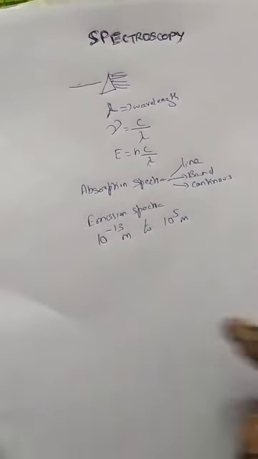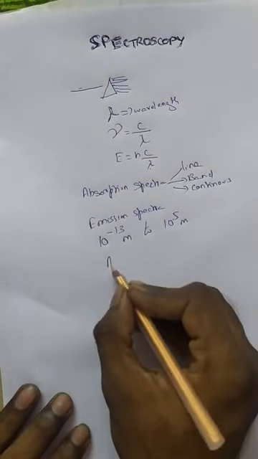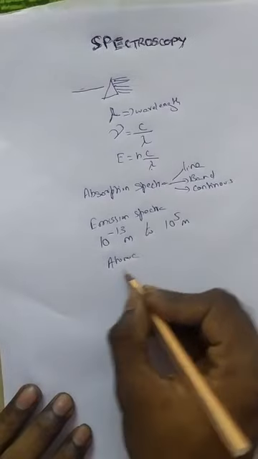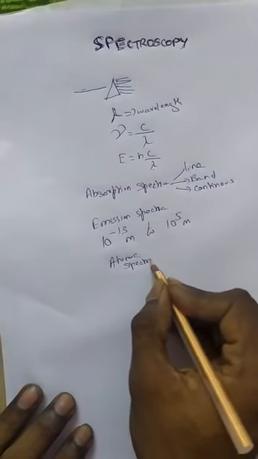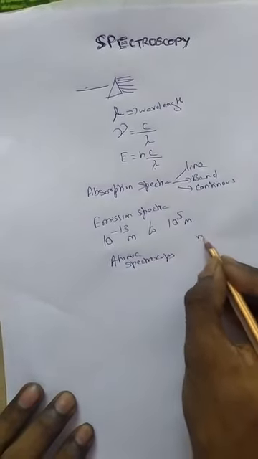If we consider spectroscopy in terms of atoms and molecules, there are two different types: one is atomic spectroscopy, and another one is molecular spectroscopy.